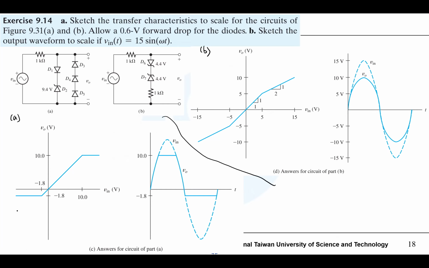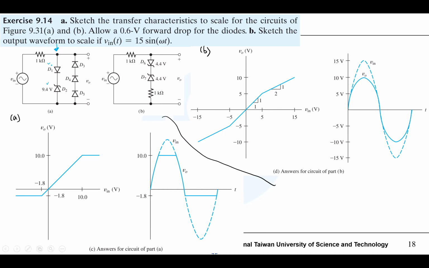For A it is easy. We look at this branch. For this branch to be turned on, D1 needs to be in the forward bias region and D2 needs to be in its Zener region.